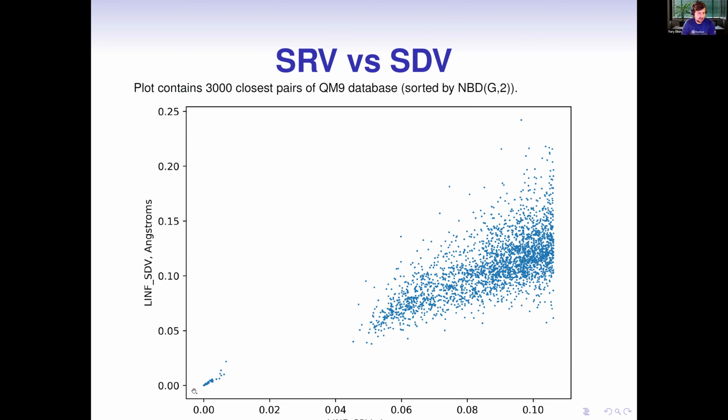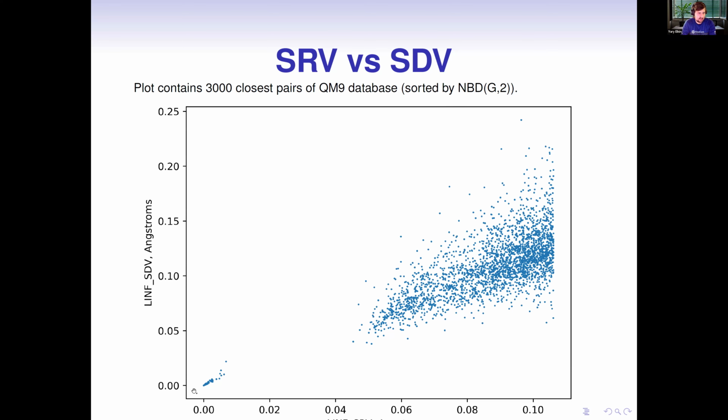Then similarly we have SDV compared to PDD. On the bottom we have SDV, and here we have PDD, and again I think the linear line would go here, and we have this PDD compared to this NBD G1.